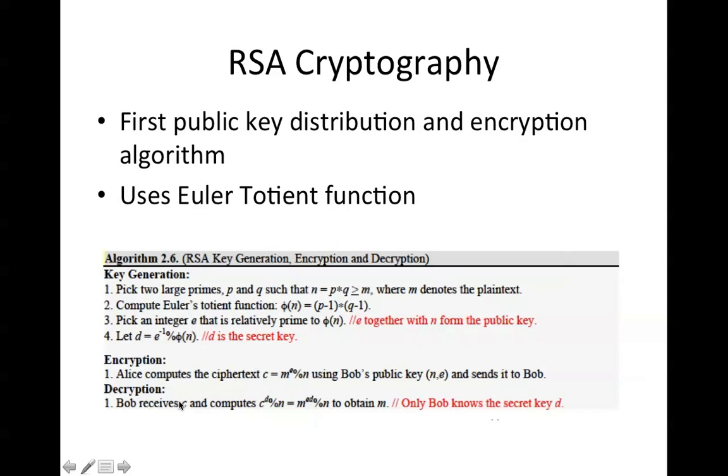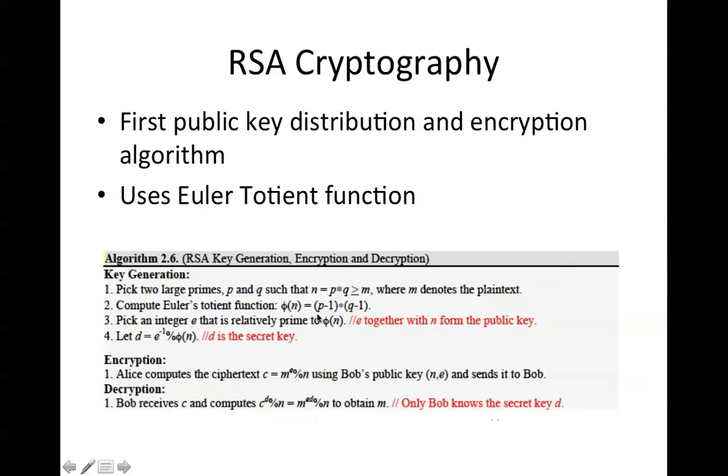And then all Bob does, given that he's the only one that knows the inverse of his public number E by the totient of n, and of course nobody knows what totient of n is, because to compute totient of n, you have to multiply p minus 1 by q minus 1, but nobody knows what p and q are, and it's really difficult to find.